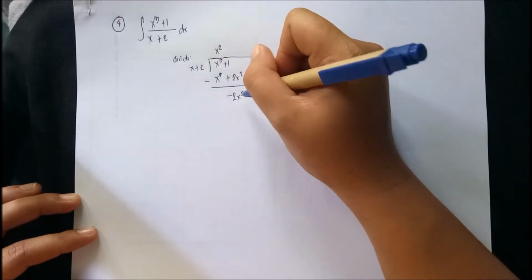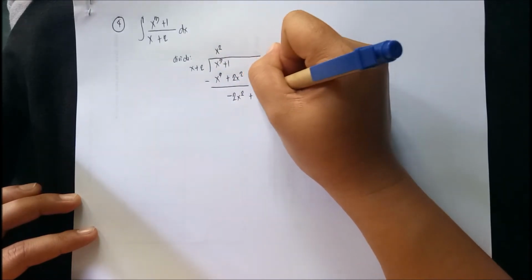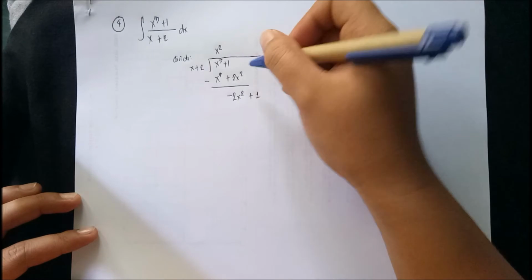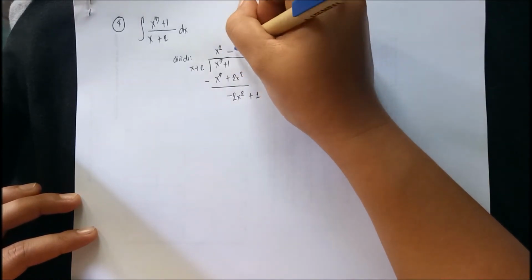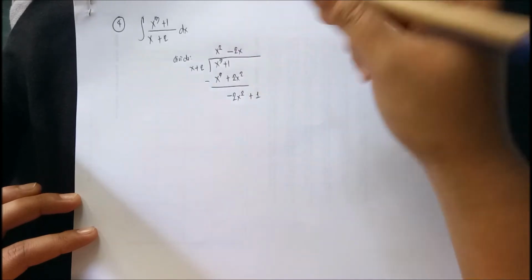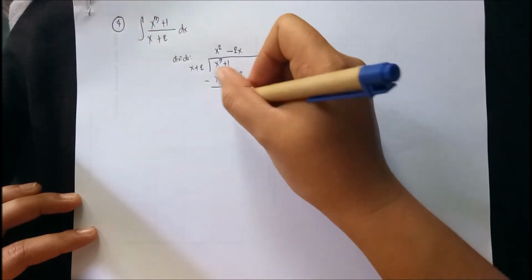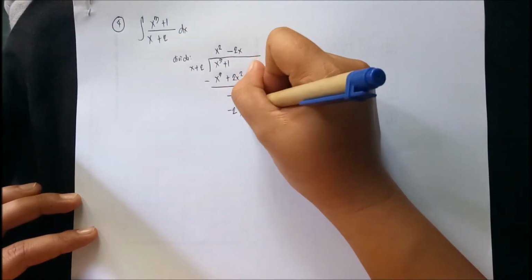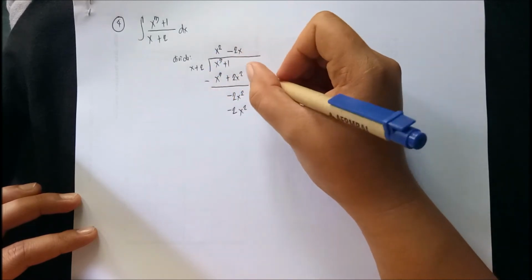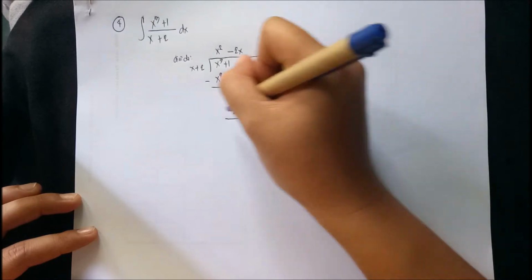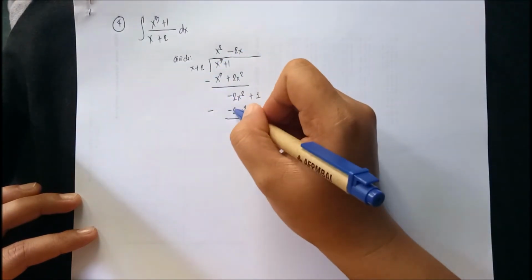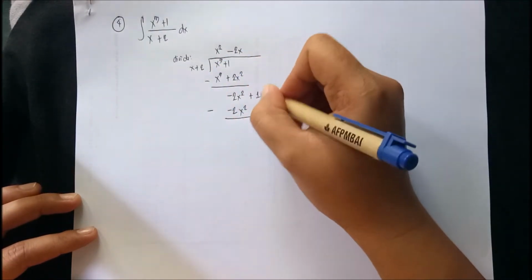Tapos class, bring down natin yung 1. And then, divide ulit. This is now negative 2x. Multiply natin class. This is negative 2x squared. This one naman is negative 4x. Class, subtract. Magiging positive to, so 0. This one magiging positive.